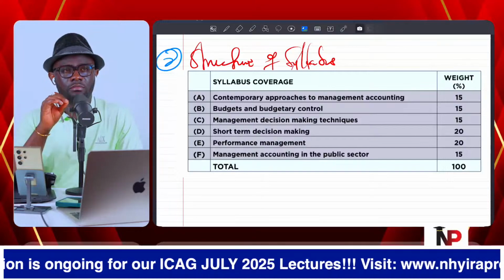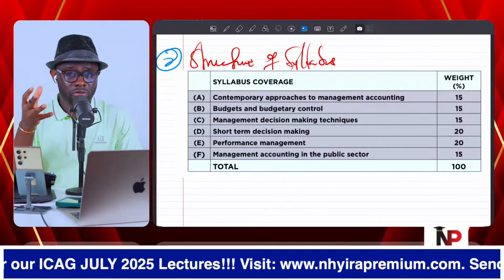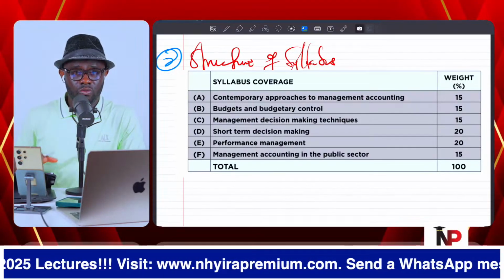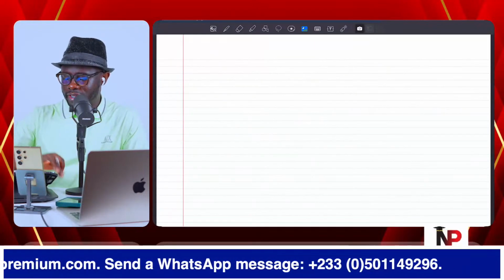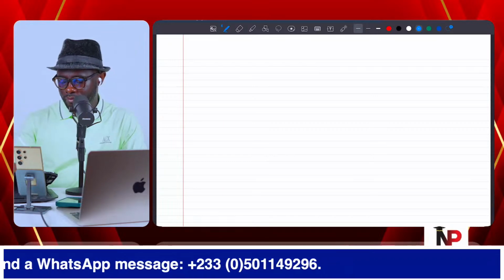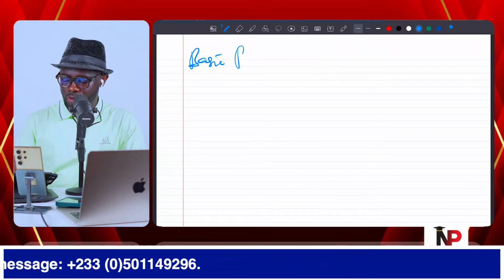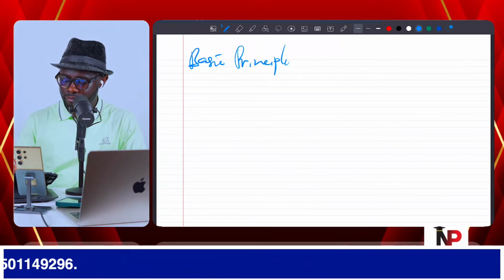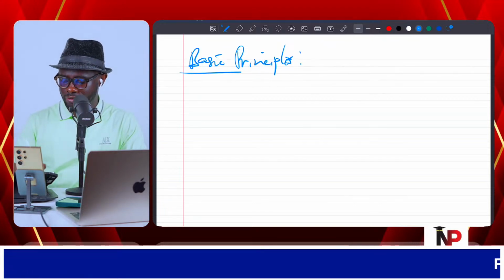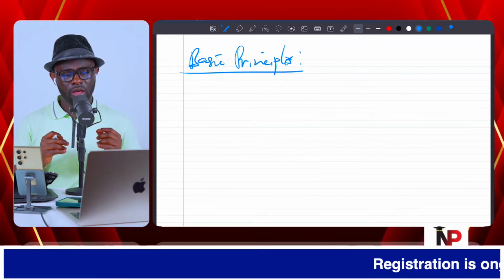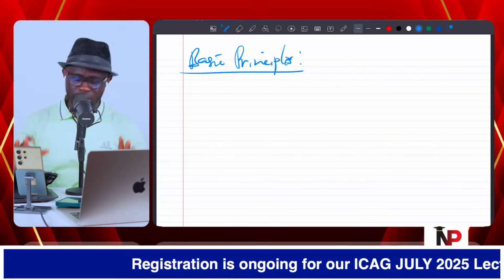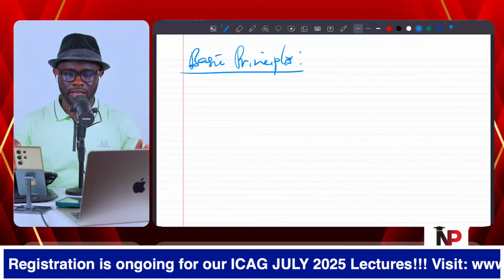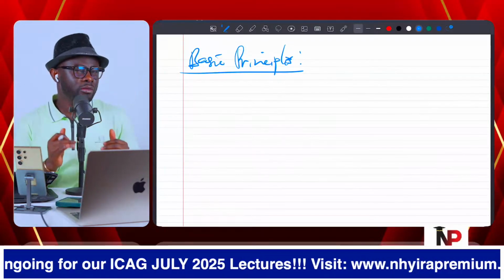But before we get goosebumps about what is in the syllabus, it is important we understand that there are some basic principles we must understand when it comes to management accounting. Before you get into each examination in management accounting, you must understand these basic principles. Why is this important?